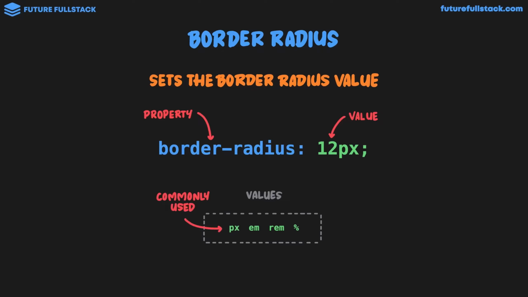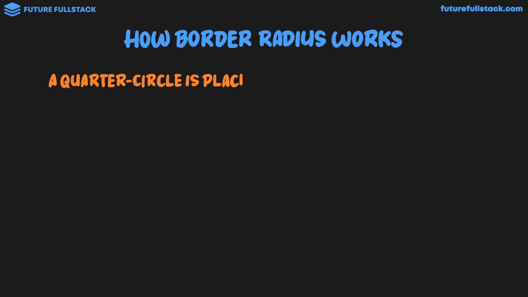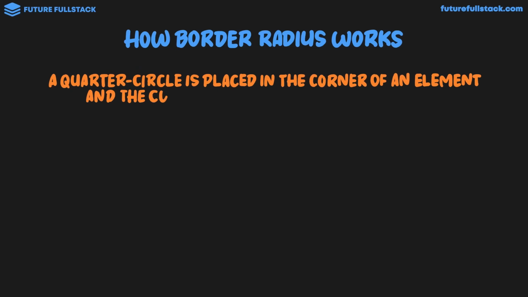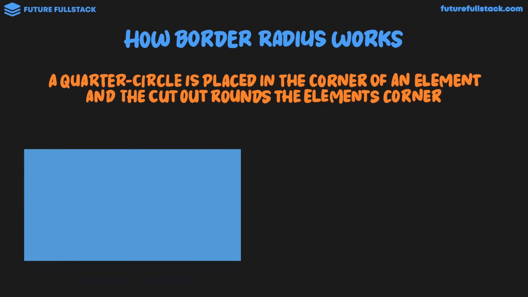Now, one thing that was never really taught to me is how border radius actually works. So I'd like to give you the experience I didn't have of having it explained properly to you. The way it works is a quarter circle is placed in the corner of an element, and the cutout rounds the element's corner. So let's say we had this rectangular element, and we set a border radius of 10 pixels. What's happening is that in each corner, a circle is placed like this.